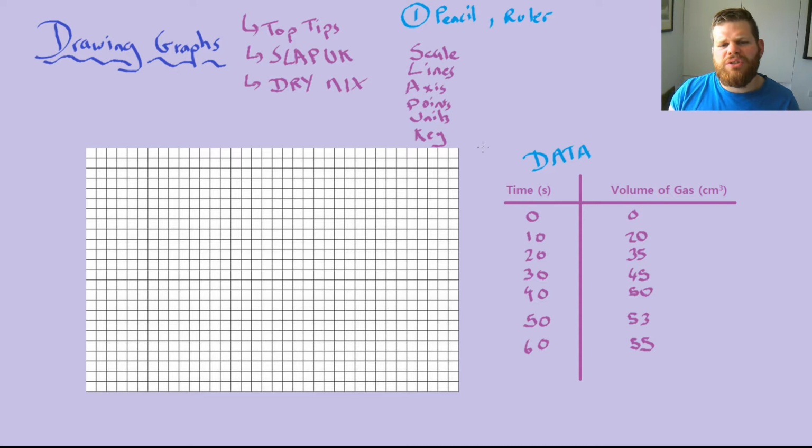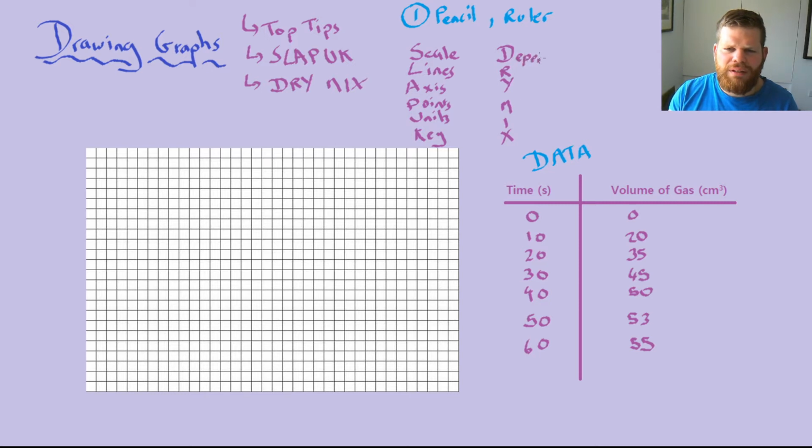So where do we actually start with our graph? The first thing you've got to do is identify what goes where, and that's where our DRYMIX comes in. DRYMIX helps us identify what goes where.